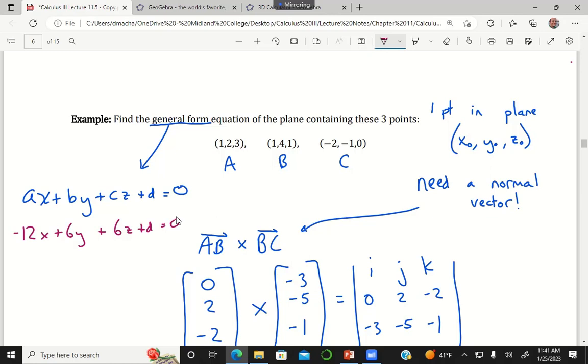And then I have to find what d is equal to. I'm going to go ahead and select my one point in the plane to be A, which tells me that x naught is 1, y naught is 2, z naught is 3. And in order to find lowercase d, I might have to start with the standard form equation and then just manipulate it into the general form, right?